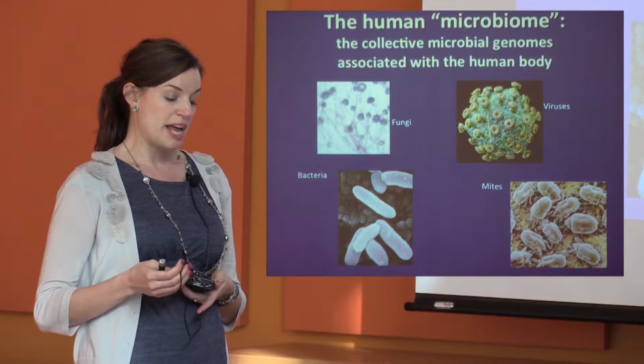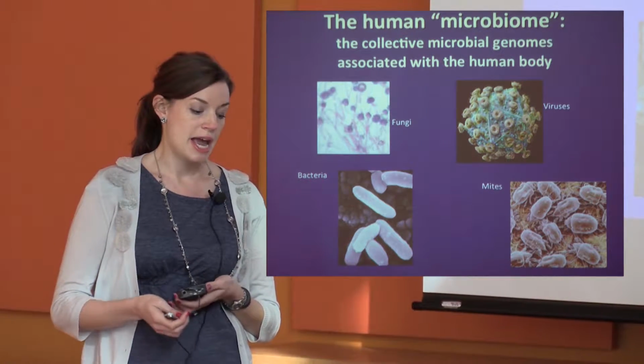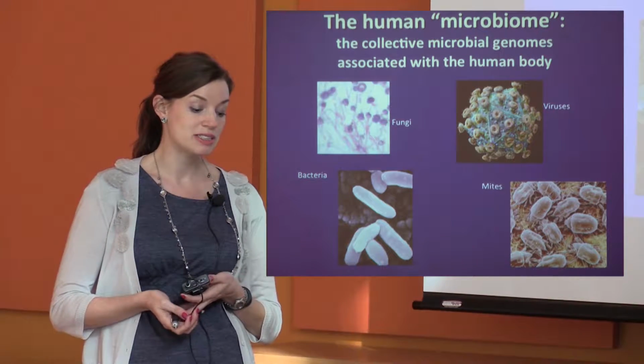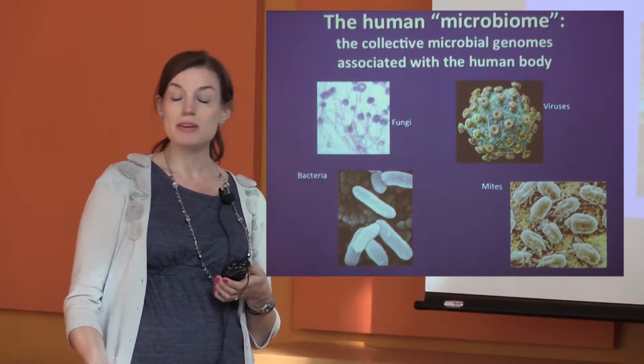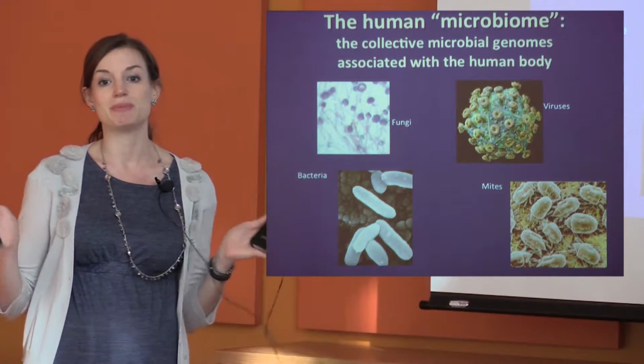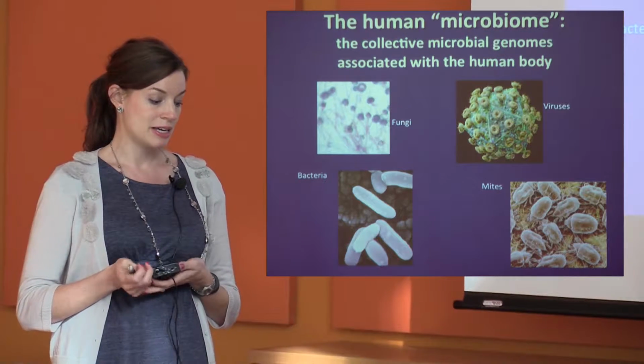So all plants and animals are colonized with microorganisms and can be considered superorganisms because not only do we have these human cells, we are colonized by many more bacterial cells than human cells.